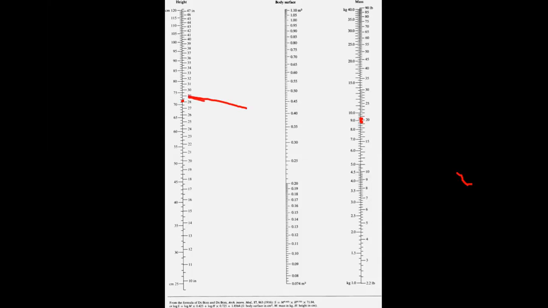It's harder than I thought. But if I use my straight edge, it goes around 0.40 meters squared.